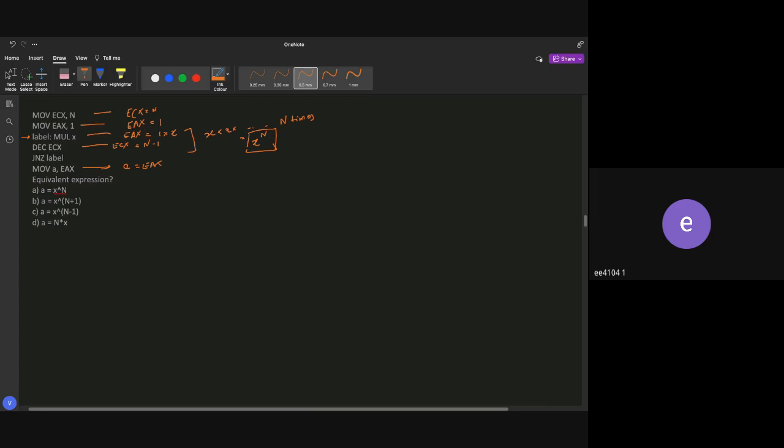And what do we have in EAX? 1. So the final thing in EAX is 1 into x to the power n, so it is nothing but x to the power n. And that we are moving into A. So A is nothing but x to the power n. So the correct option for this question is A. Is it clear to everyone?